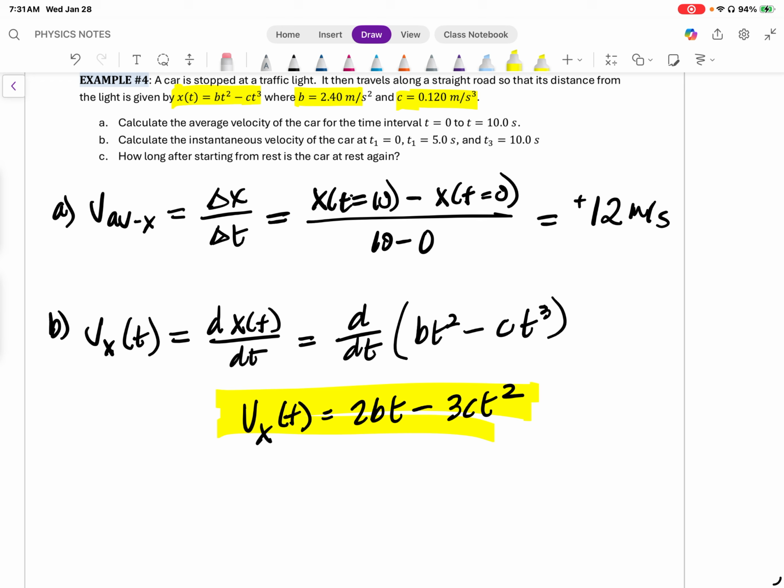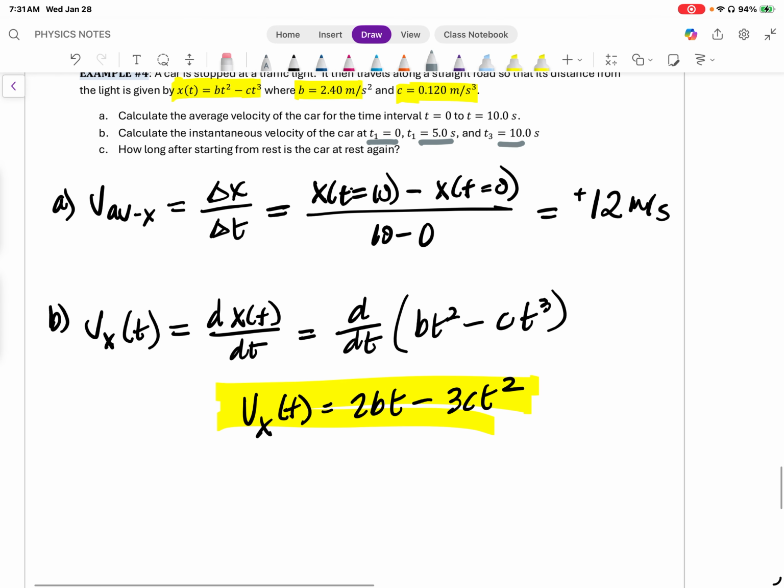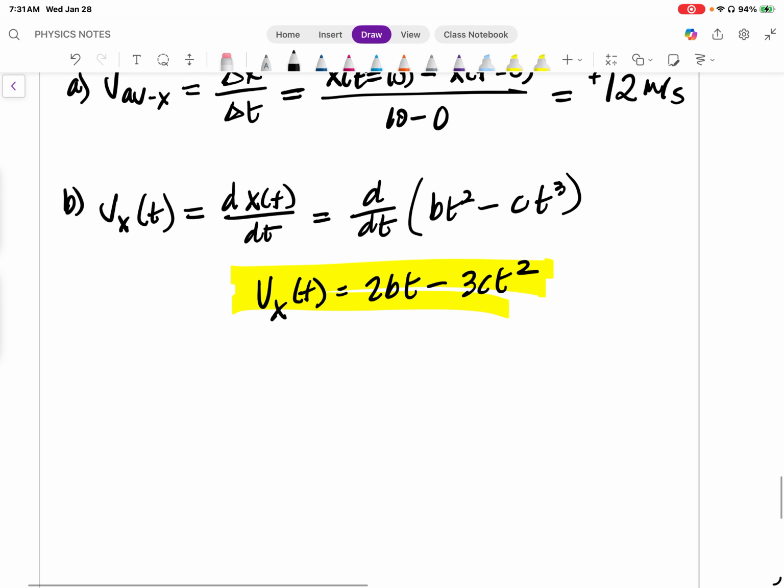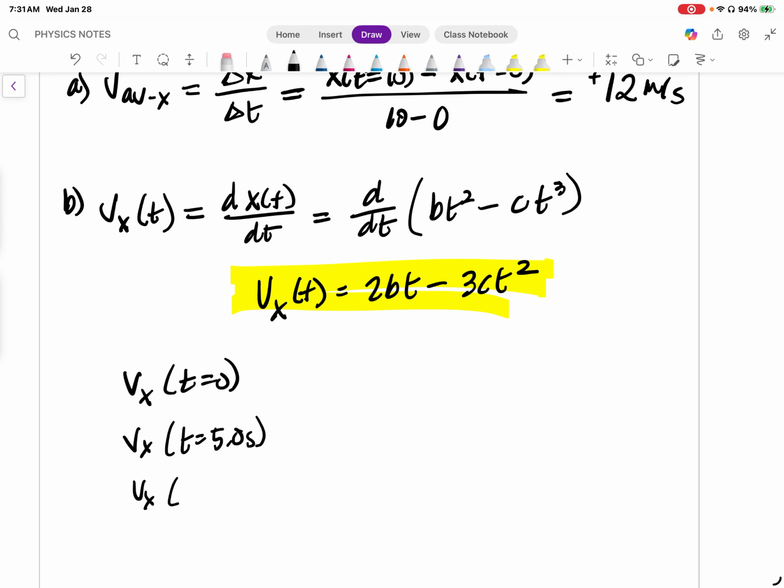They asked us in B to calculate the velocity at these certain points. So we have 3 points we're interested in, t equals 0, 5, and 10. So we're literally just going to plug into this function that we just calculated. So we have v sub x at t equals 0, v sub x at t equals 5 seconds, and then v sub x at t equals 10 seconds.